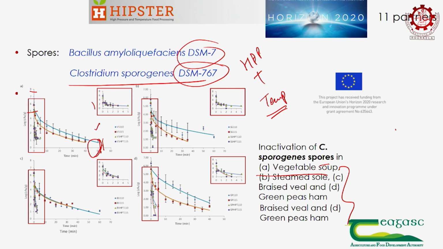What it does is, high pressure will germinate the spores and heat will kill them. When you use heat alone, then heat has to break the spore coats at a very high temperature and then kill the vegetative cell. That is why the combination of high pressure and temperature is done. If you only give high pressure to spores, their germination increases.